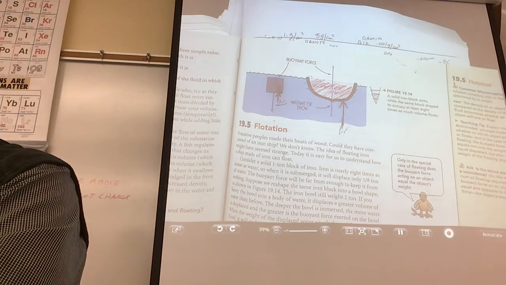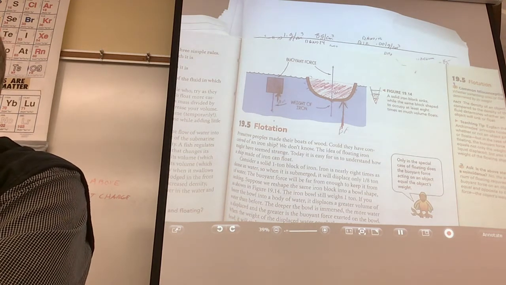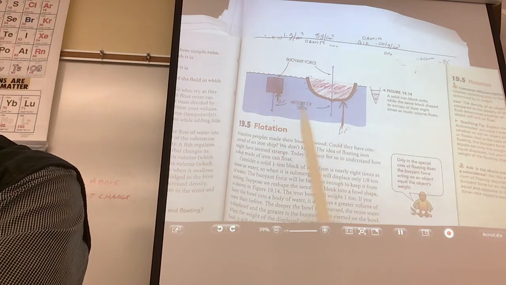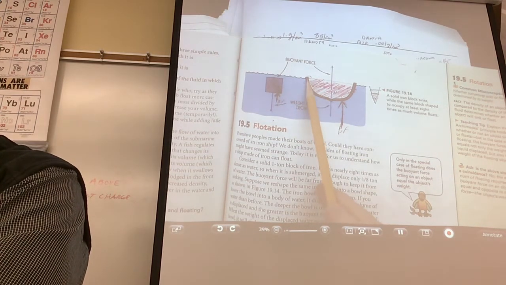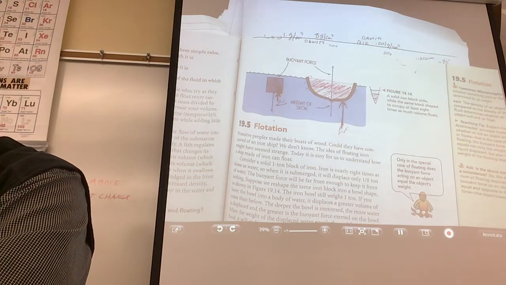It's because the air in the boat makes the density of the entire object less, and less than water. It's true, but if I put a lid on this and I took all the air out, would it still float?